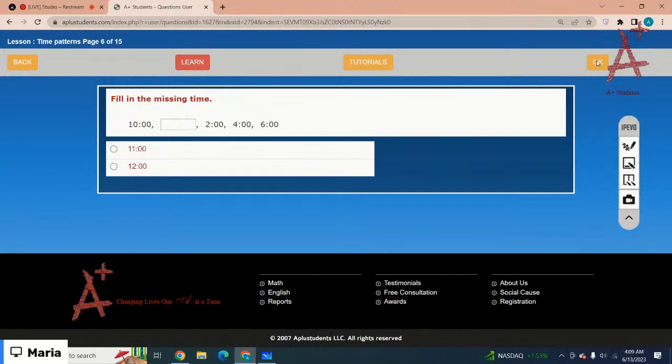So when you are at 10, 2 hours more would be 12. It would be 10, 12, 2, 4, and 6. You move forward by 2 hours. Got it? Every time.